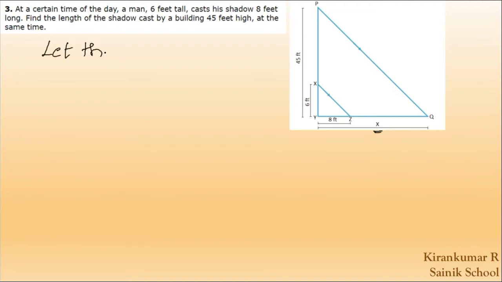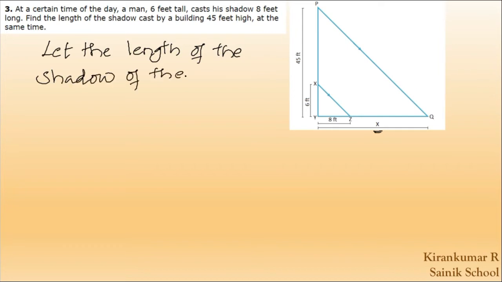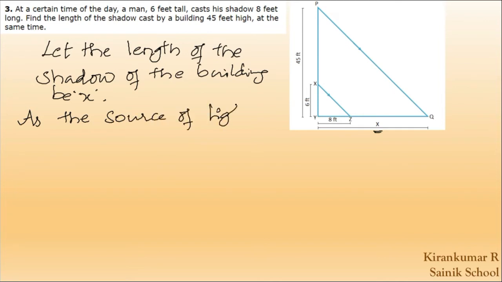Let the length of the shadow of the building be X. As the source of light is the sun, XZ will be parallel to PQ.